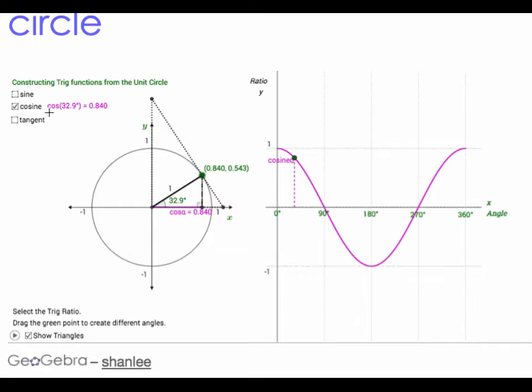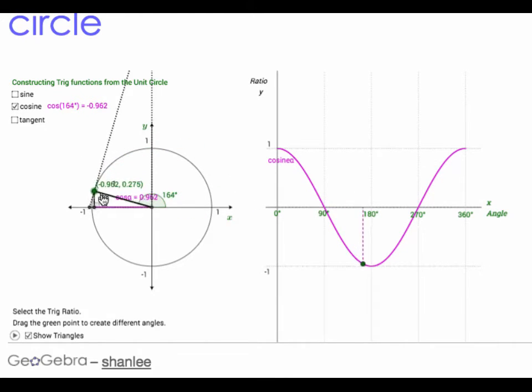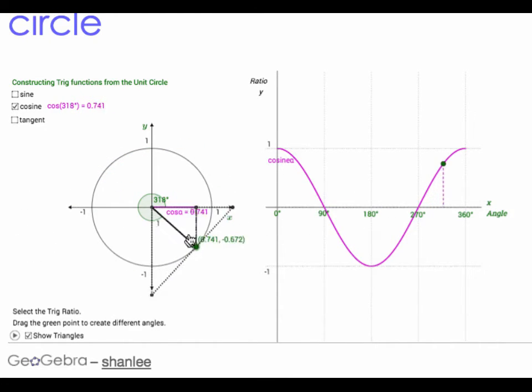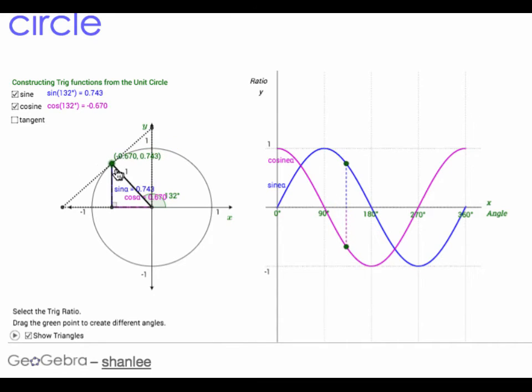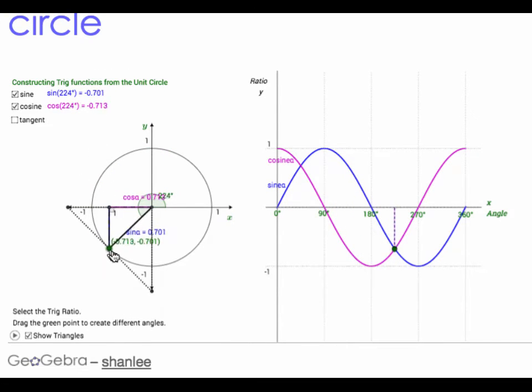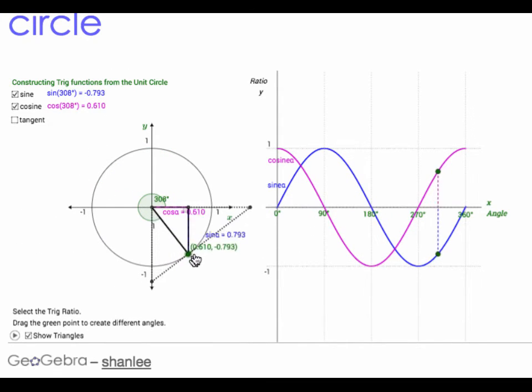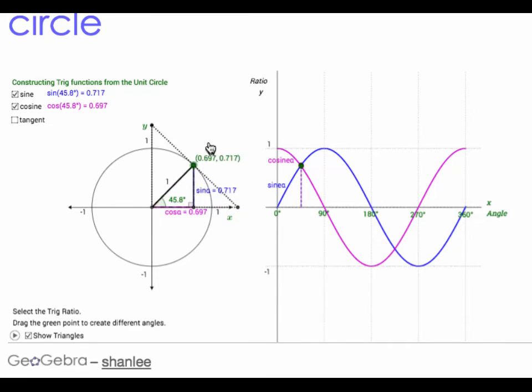So cosine of 32.9 degrees is 0.84. We get the same phenomenon here, but the graph just looks a little different. Now I'm going to turn them both on. You see that we have what we call sinusoidal behavior, and that's just a fancy word that means there's a wave that repeats itself.